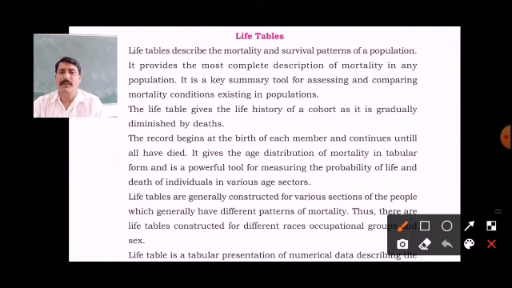We can't compare the mortality condition of a newborn baby, a 10-year-old child, a 50-year-old adult and a person above 60. The chance of dying is more for the aged person, above 60.